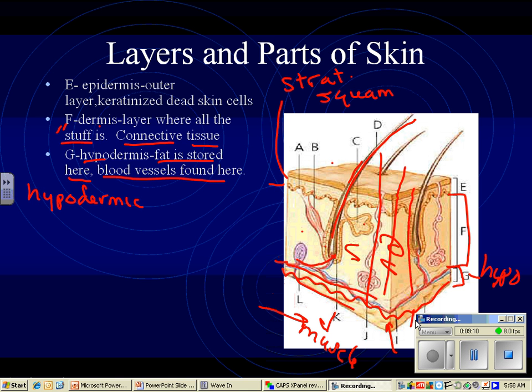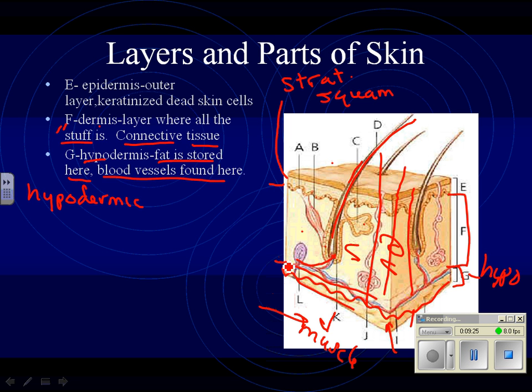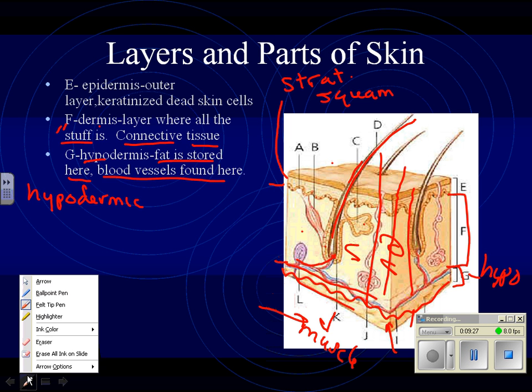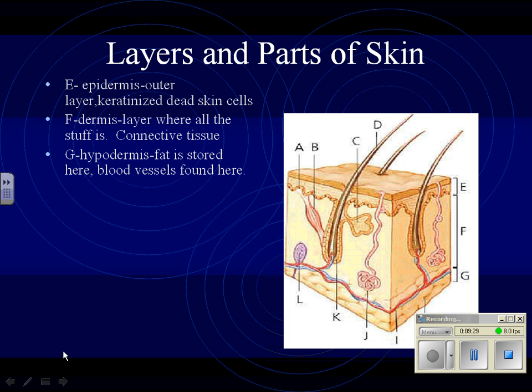So they do lots of weights, or lightweight, lots of reps. They run a lot, they do a lot of exercising to try to get rid of that fat layer. They have less body fat, and then their skin lies tightly over their muscles. Okay, that's the hypodermis.